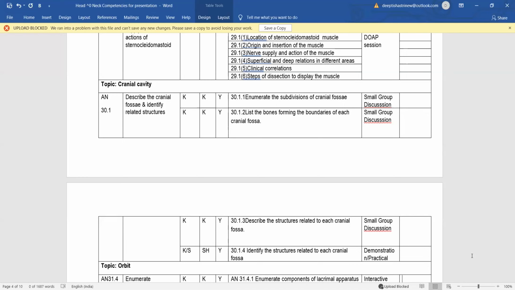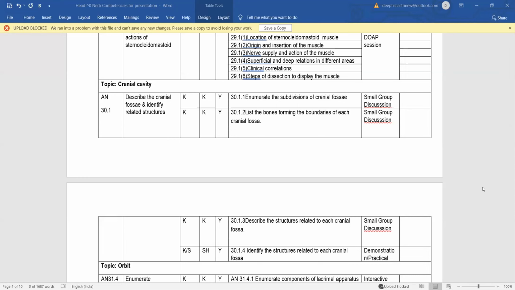Yeah, ma'am, I have mentioned both because I have a query here, as you have already said, the cognitive skill and the psychomotor skill. That's the reason I put both K and S here, ma'am. I don't think S should come there, keeping cognitive skill in mind. K should come under domain, and for proficiency it should be SH.